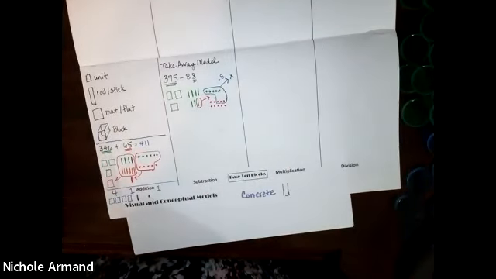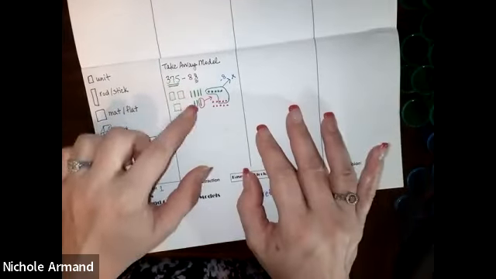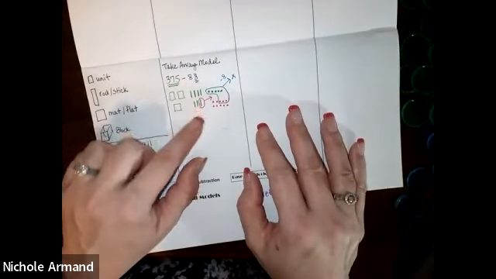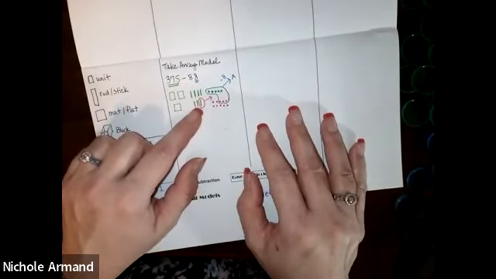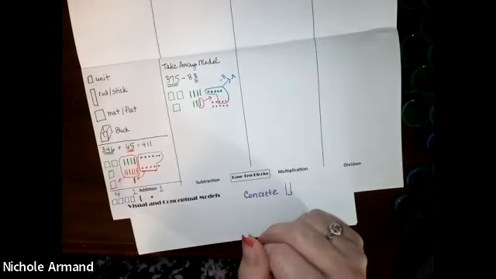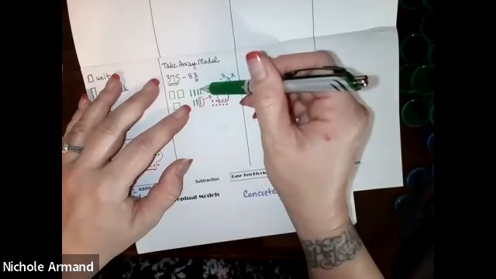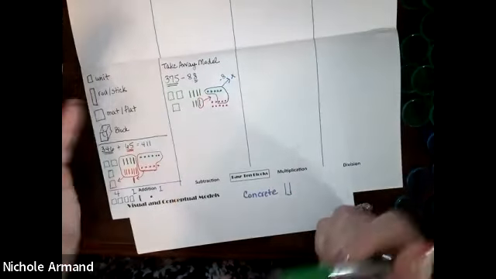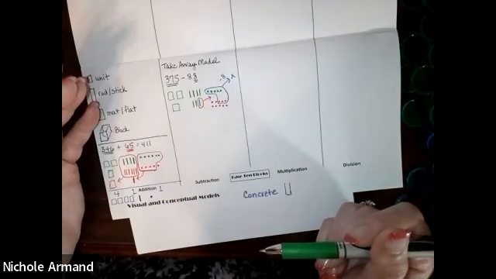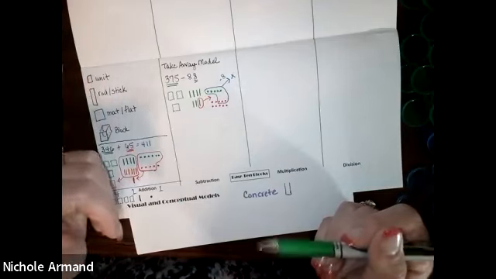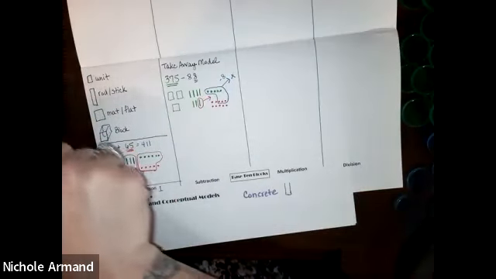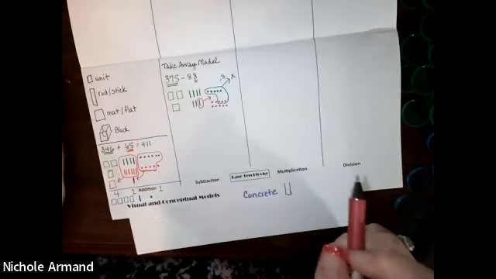So next, I want to try to take away 8 rods from what I have here. Okay, so how many rods do I have? I have 1, 2, 3, 4, 5, 6. I cannot take away 8 rods from 6 rods. So what I want to do is physically exchange.